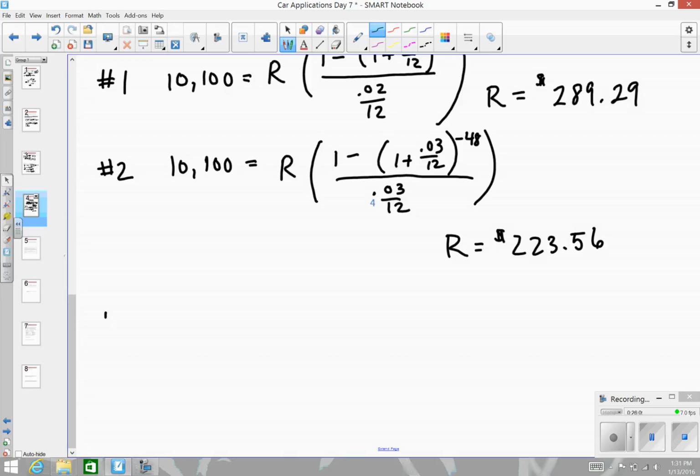Well, let's go through and figure out now option number three, or loan number three. And I'm just changing my interest rate and my number of payments.